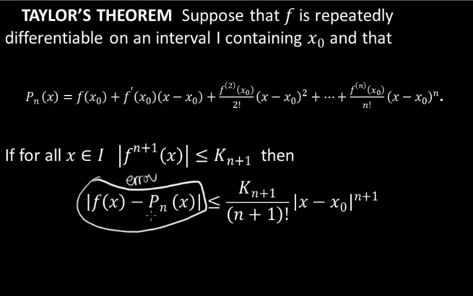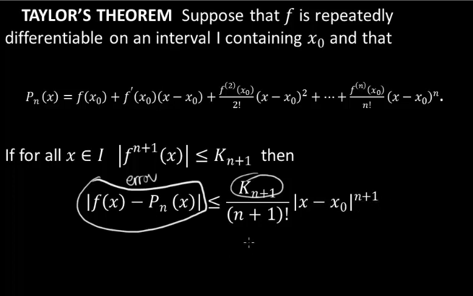The error committed by the nth polynomial, using that instead of the whole thing, instead of the function, will be less than or equal to that upper bound on the n plus first derivative divided by n plus 1 factorial times the absolute value of x minus x naught to the n plus 1.